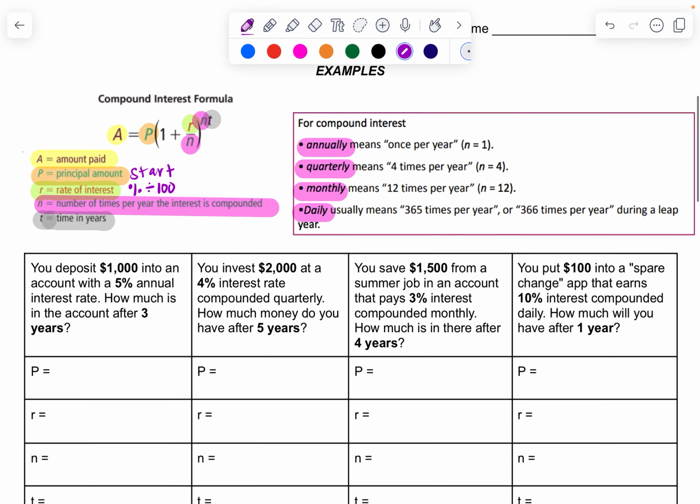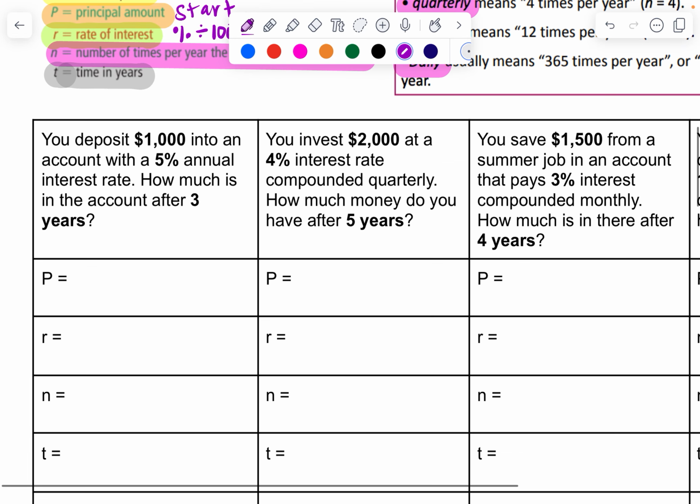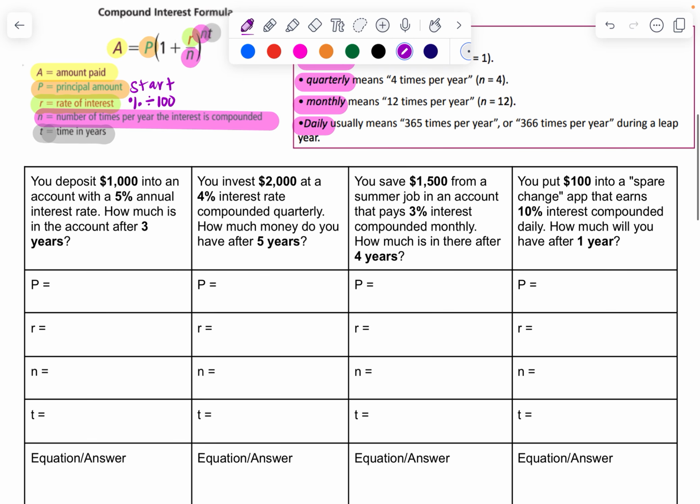So let's look here. You deposit $1,000 into an account with a 5% annual interest rate. How much is in the account after 3 years? So we're starting with $1,000. It says it's a 5% interest rate, so we have to do 5 divided by 100, which is 0.05.